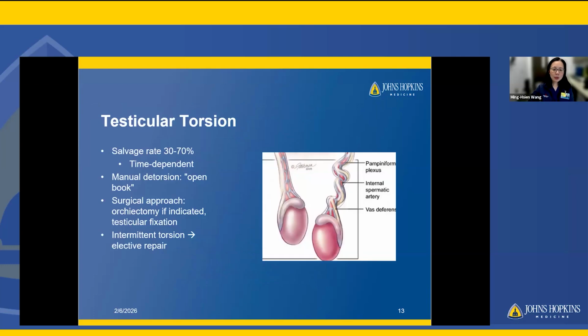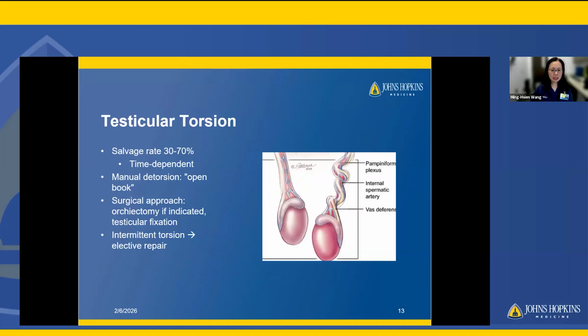Okay. So in terms of how often are we able to save these testicles? If we can get them into the operating room in less than 4 hours, hopefully we're able to untwist and get the blood supply back into the testicles.